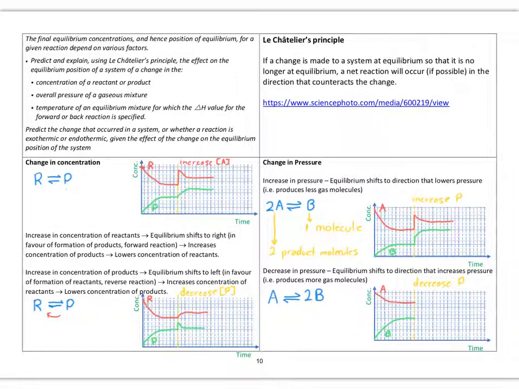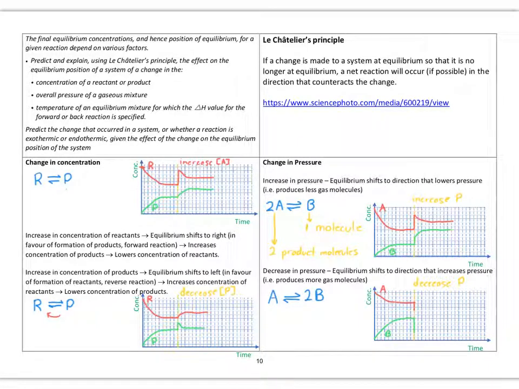But we will look at this molecule here, where we have A, which is just 1 reactant going to 2 products, but this time we'll do a decrease in pressure rather than an increase in pressure. So let's decrease the pressure. If we decrease the pressure, it's effectively like dropping the concentration, and the reaction is going to want to change to try and increase the pressure.